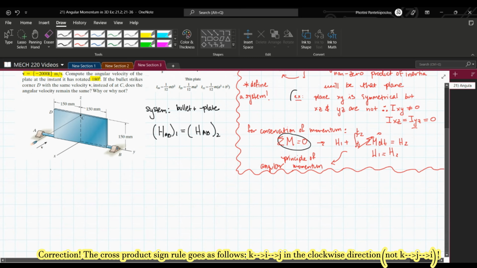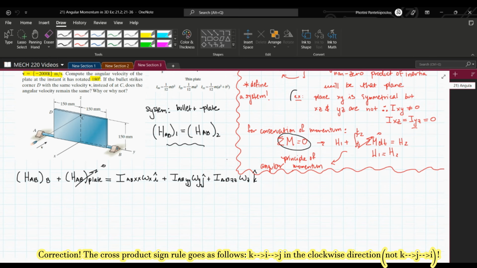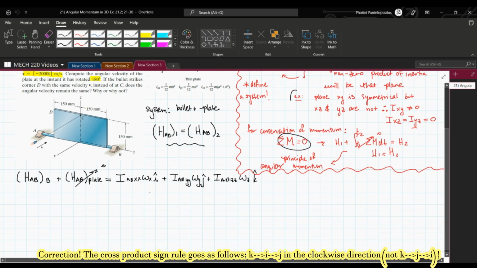So the next thing that we're going to do is unpack all of this. Now this notation is very important. For starters, this will be 0 because the plate is not moving to begin with. So I'm just going to take a moment to expand on the right-hand side.